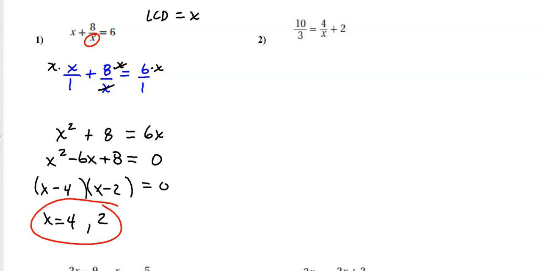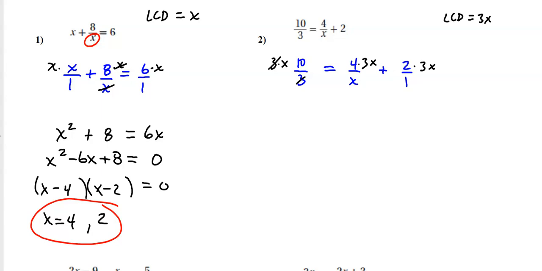All right, next one over here, I have 10 over 3 equals 4 over x. You might want to leave yourself some room just because you're going to be multiplying by something. LCD for this one, 3 and x, so the LCD is 3x. So I'm going to multiply by 3x, multiply by 3x, multiply by 3x.